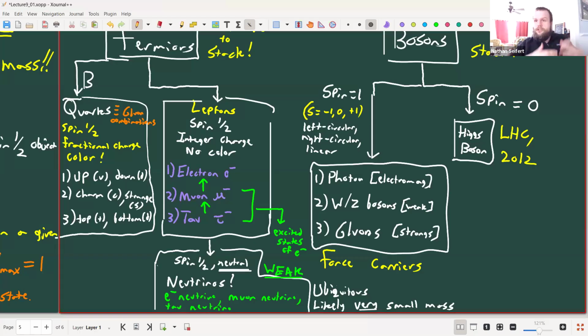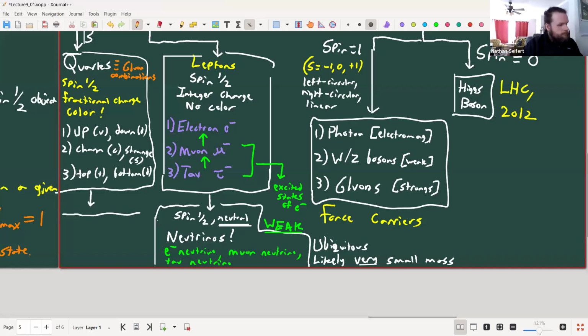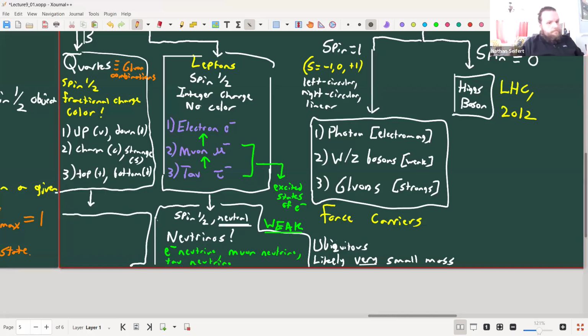And you can combine quarks. Quarks love to come together to make composite particles, which are called baryons. And we know two baryons in particular that are extremely important.